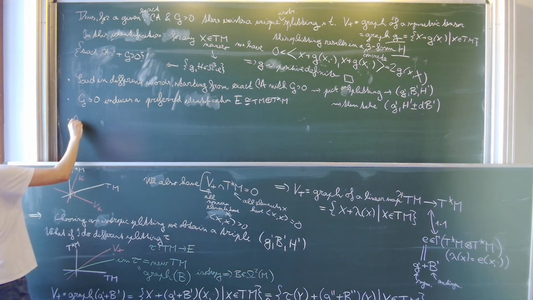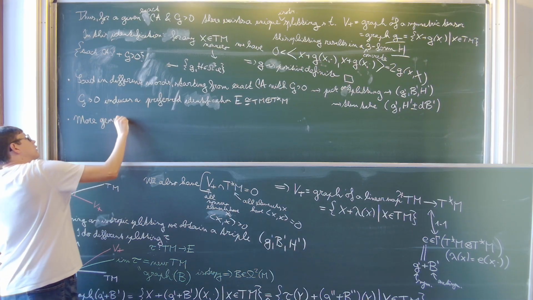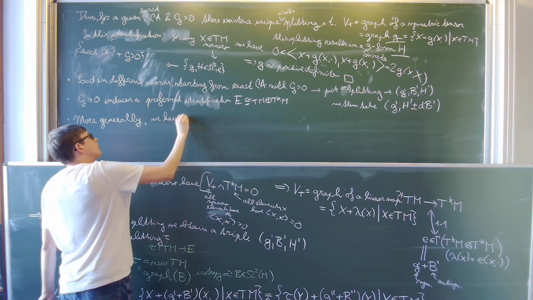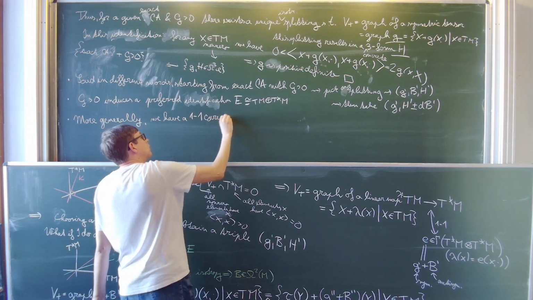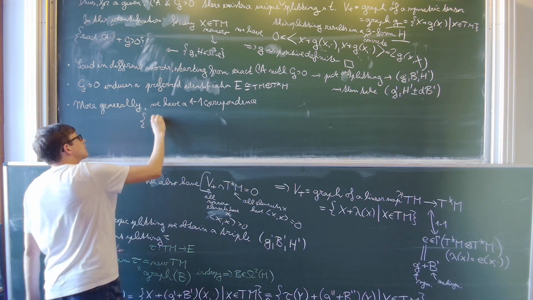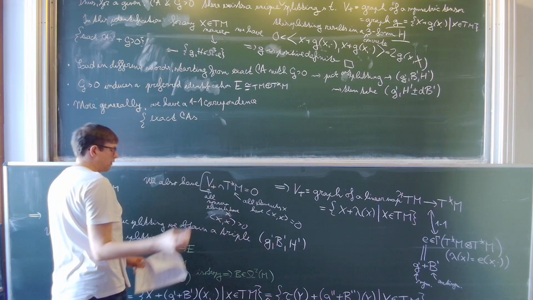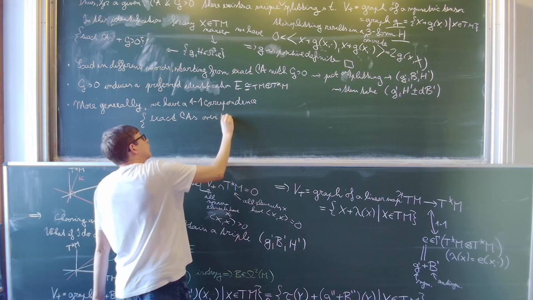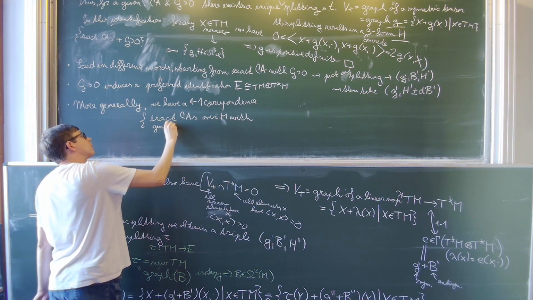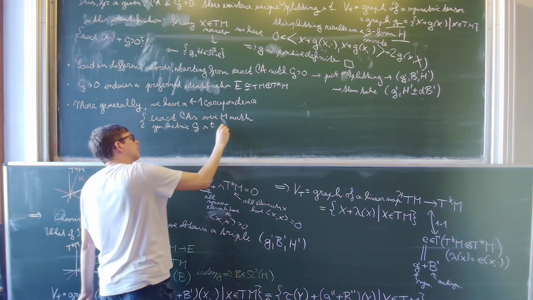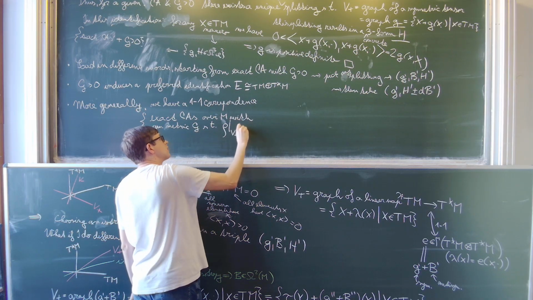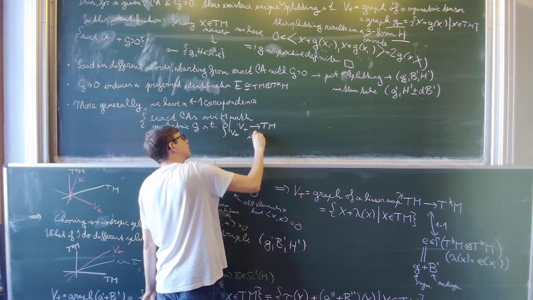If I don't want to assume positive definiteness, we have a one-to-one correspondence where I take exact Courant algebroids over M with any generalized metric G such that the anchor map restricted to V plus is an isomorphism.